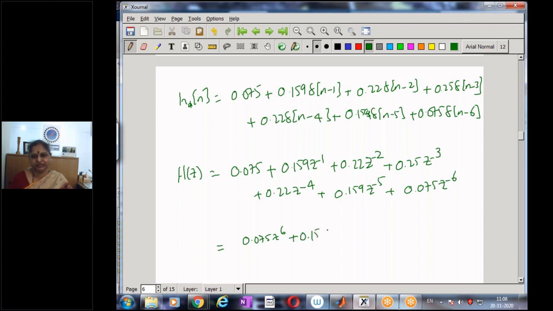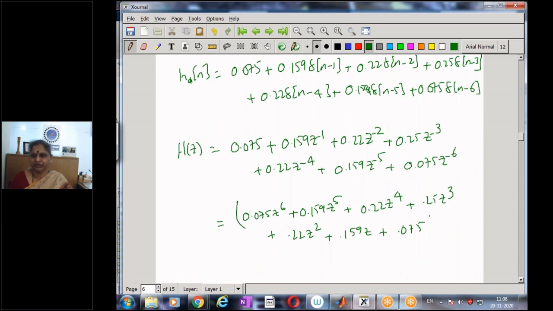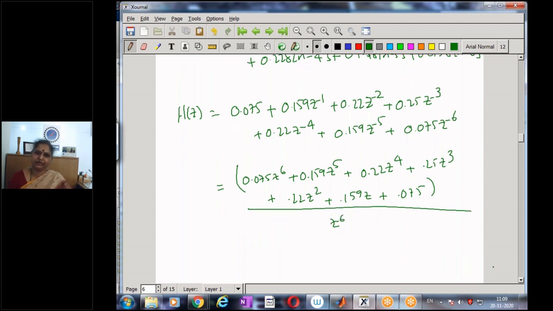Then I get 0.159 Z to the power of 5 plus 0.22 Z power 4 plus 0.25 Z power 3 plus 0.22 Z square plus 0.159 Z plus 0.075, and the whole divided by Z to the power of 6. So this is a different way of representing the same sequence.